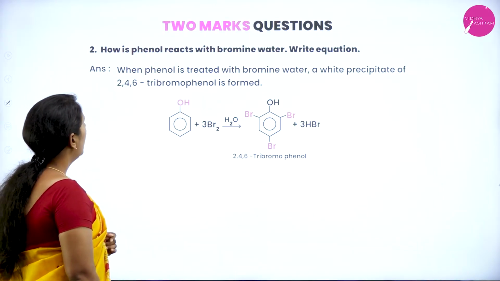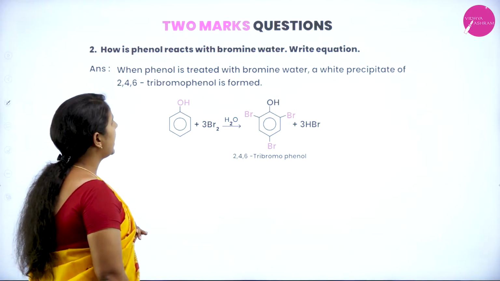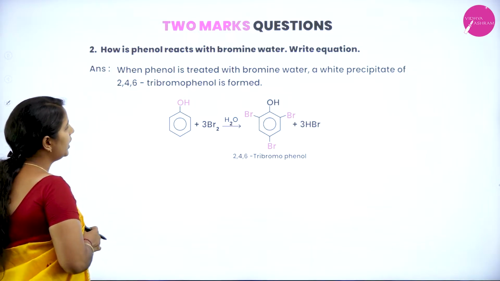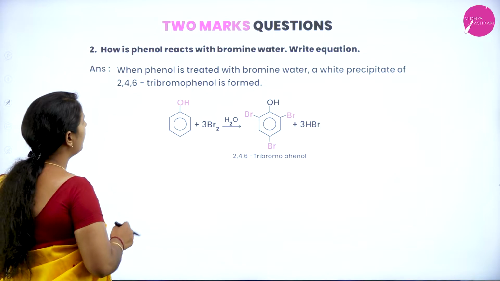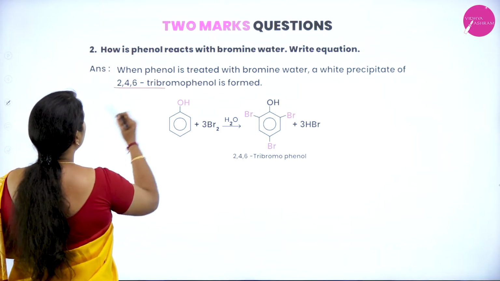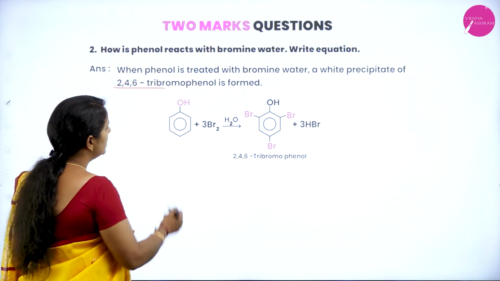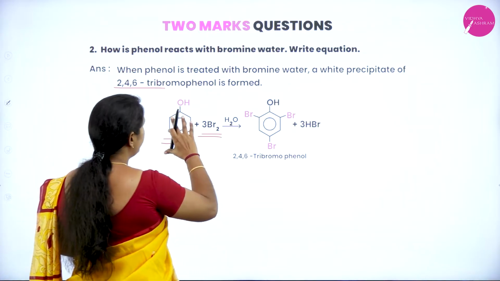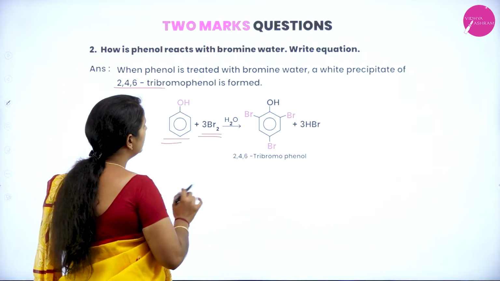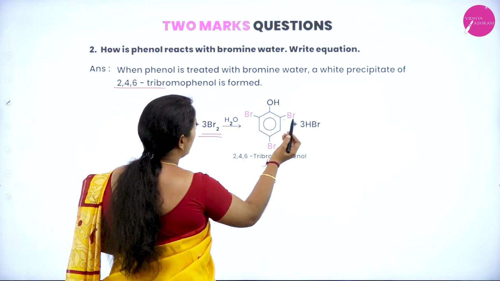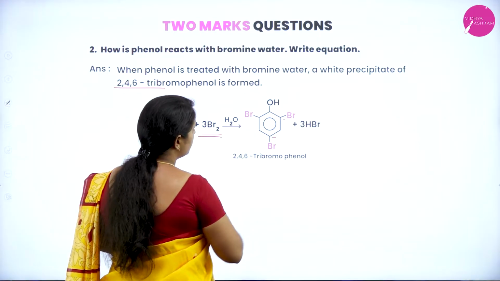Next question. How does phenol react with bromine water? Write the equation. When phenol is treated with bromine water, a white precipitate of 2,4,6-tribromophenol will be formed. So this is our phenol. When phenol is treated with bromine water, you can see that the bromine groups will be substituted at the ortho and para positions.